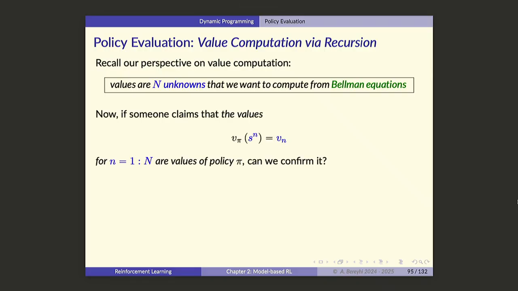So now what you're going to do is say, okay, I don't know what the value of this policy is. It doesn't matter. I'm going to randomly just say every value is something, right? I'm going to say, I don't know, maybe this value is 1, this is 0, the next one is 1, 1, 0, and 2, something like this. I just randomly choose those values.